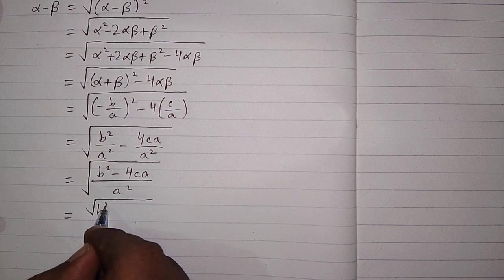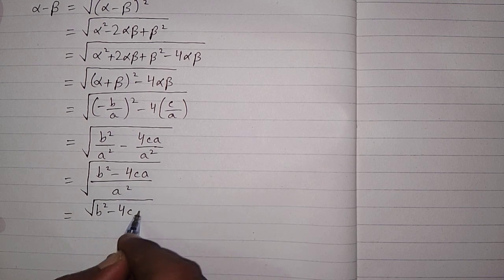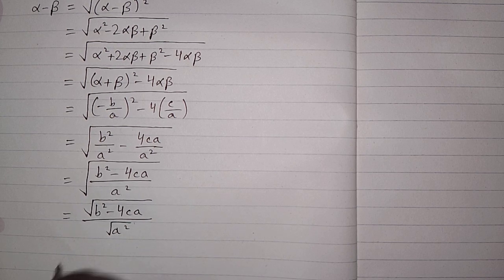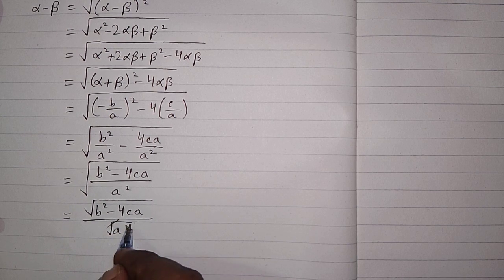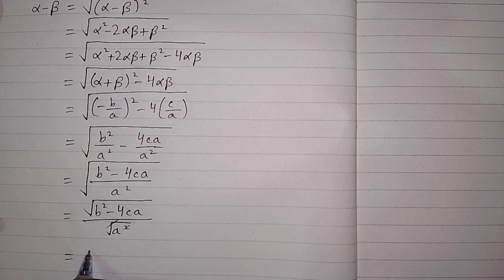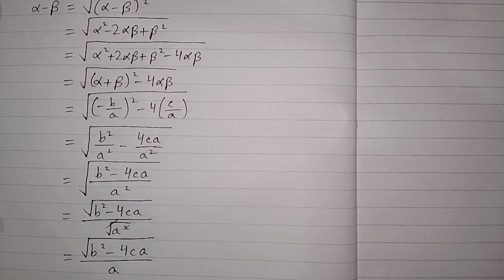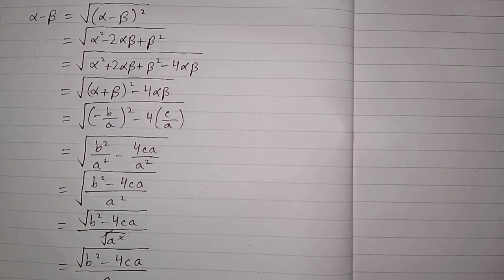So we have square root of b square minus 4ca upon square root of a square, and then we can cancel square and square root, so we have square root of b square minus 4ca upon a. So the value of alpha minus beta equals square root of b square minus 4ca upon a.